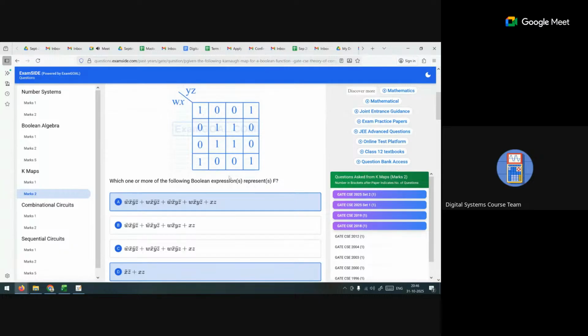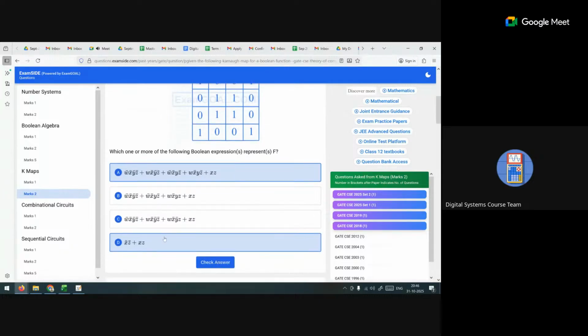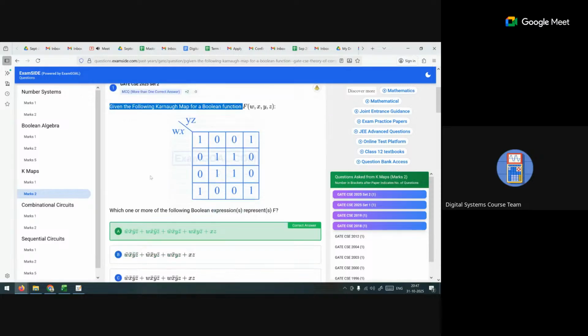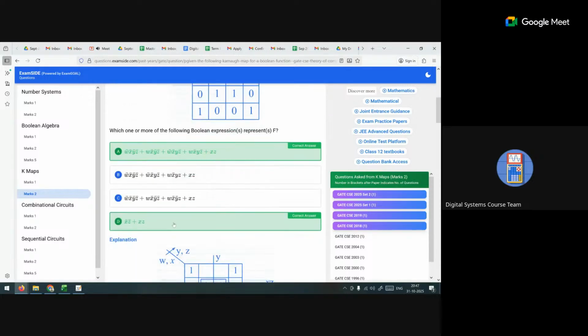They are not writing what is the simplified. So option D is correct, but along with D, option A is also correct. They expand this term into the 4 terms: X bar Z bar four times, along with W bar Y bar, W Y bar, W bar Y, and W Y. Both answers will be correct. But if they mention the simplified form, only D is correct.